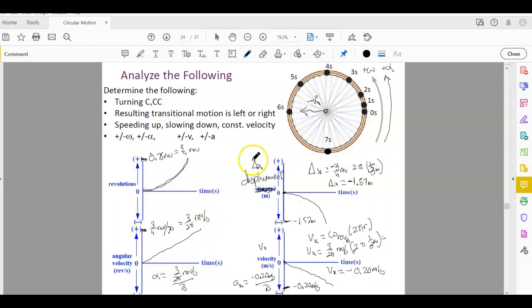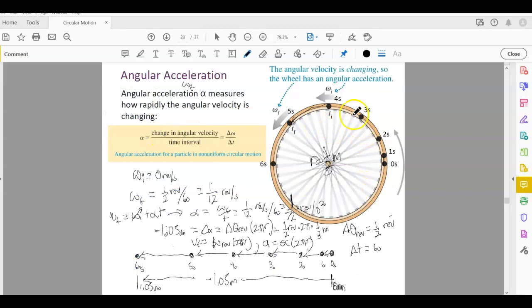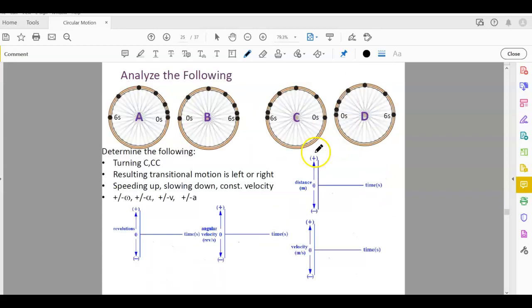So graphing is still going to be important. There are some other graphs if you want to try them out. You want to try graphing a wheel rotating, speeding up in the same direction that we did before. A is basically this first one that we just did. So maybe try B, slowing down as it starts here, rotating clockwise over 6 seconds.